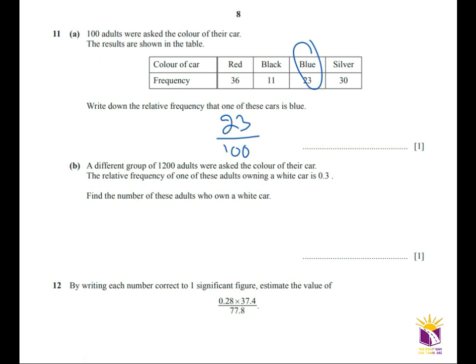So you are going to multiply your relative frequency 0.3 with total frequency, which is 1200. So total people who own a white car is 360.